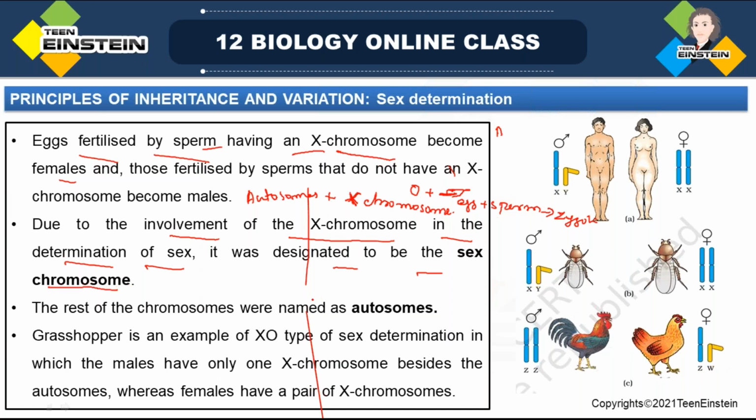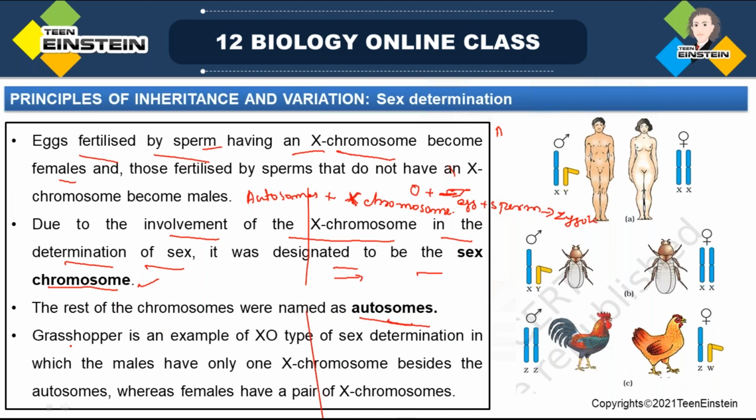Because of its major role in determining sex, it determines the sex of that organism, and the rest of the chromosomes were named autosomes.